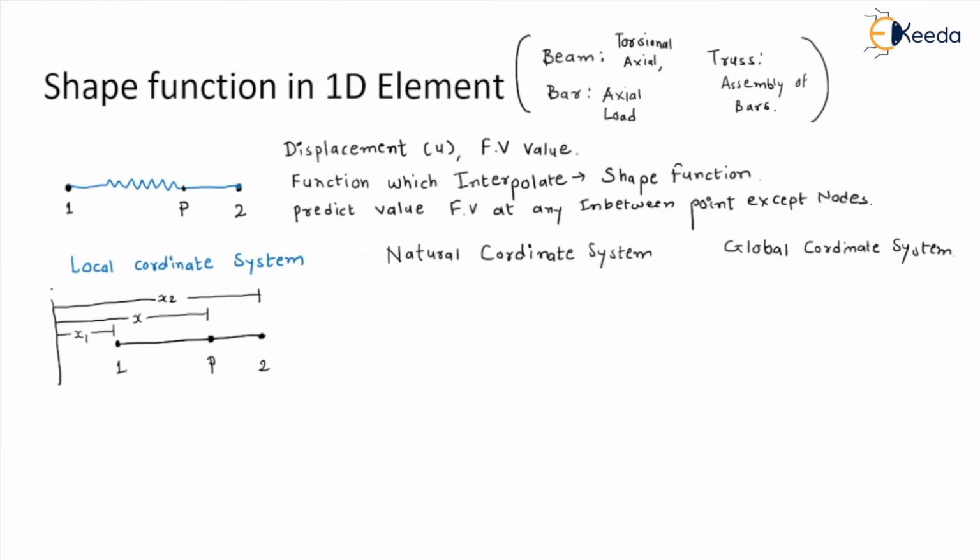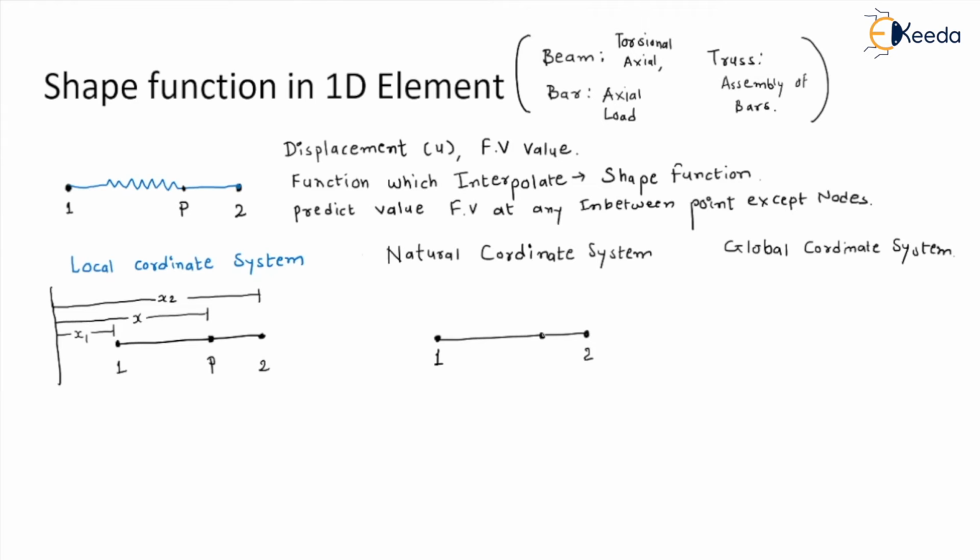Now let's consider a natural coordinate system. Again we are taking the same element which is having two nodes 1 and 2, but here we will take the datum from the midpoint of this element.